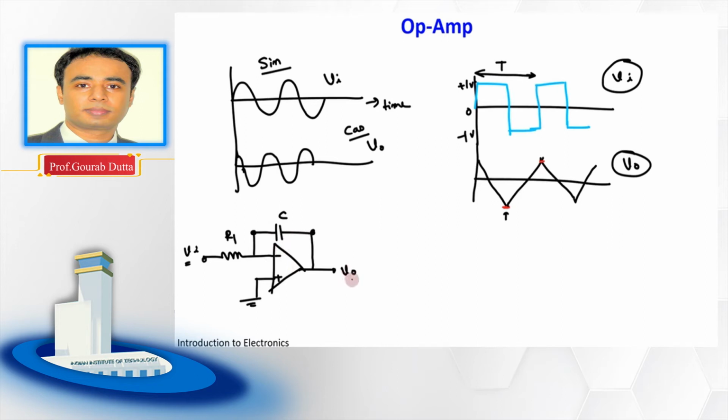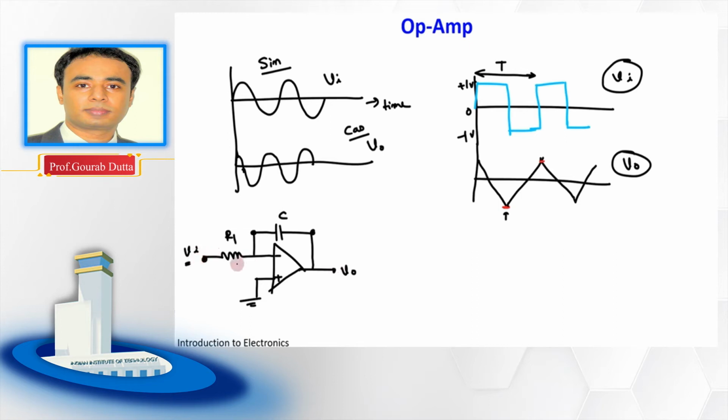So this output voltage quickly saturates. It will reach either the positive supply voltage or the negative supply voltage, depending on the value of this Vi.